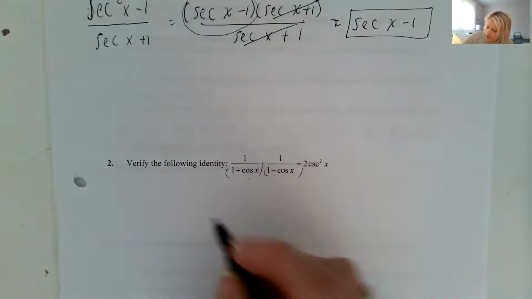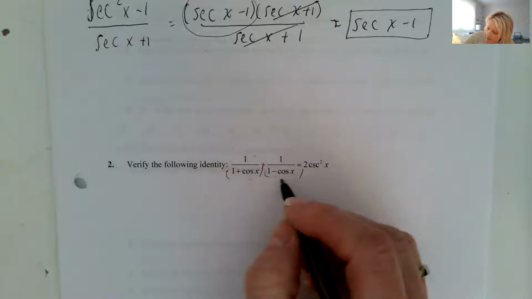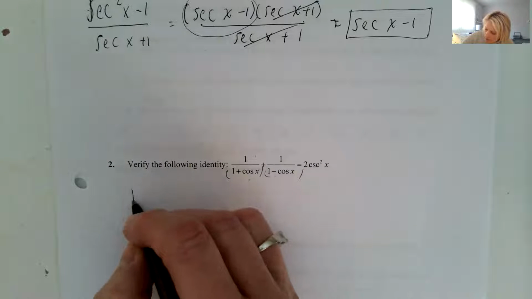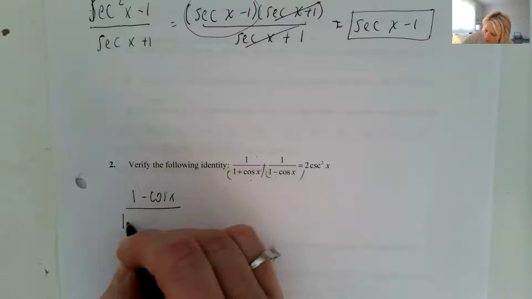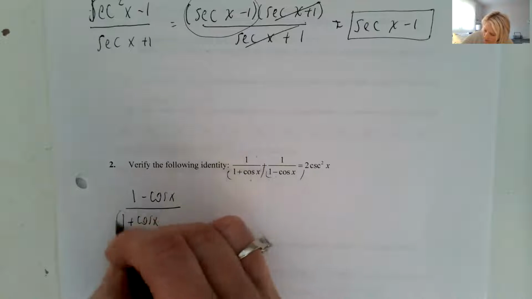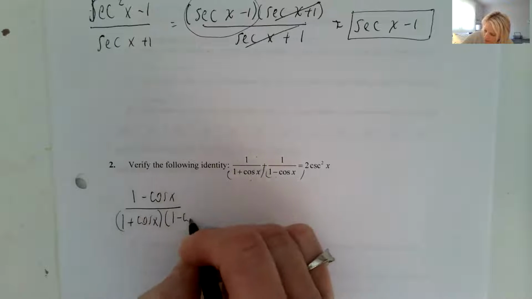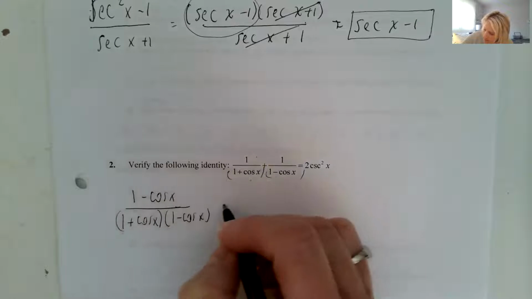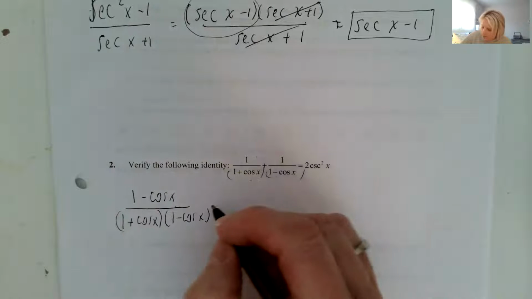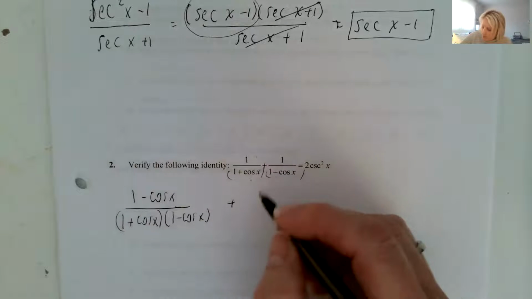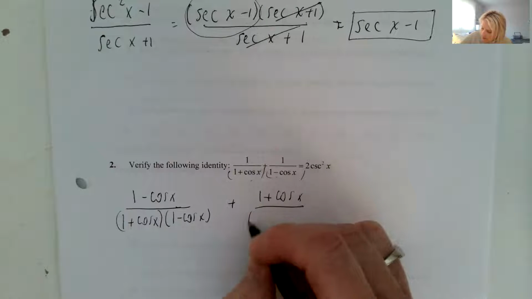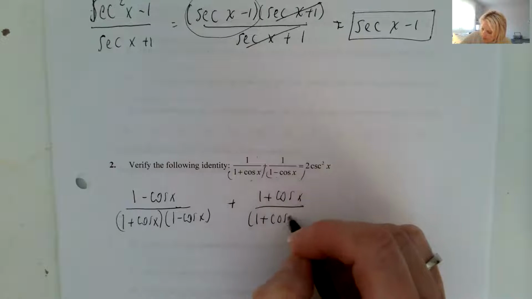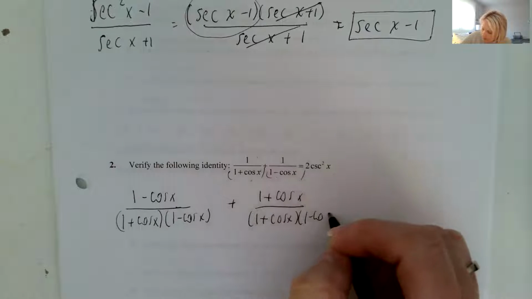The first fraction is missing the 1 minus cosine x, so this is going to be 1 minus cosine x over 1 plus cosine x times 1 minus cosine x. And then plus the second fraction, which is missing the 1 plus cosine x, all over the product.